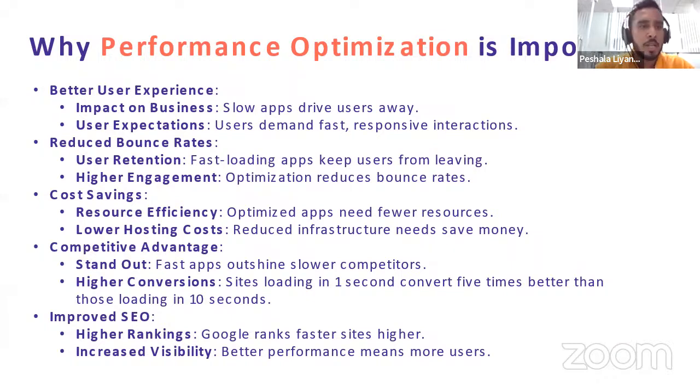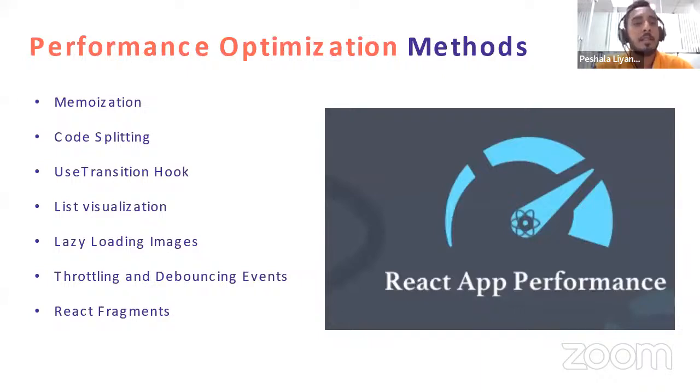Let's move on to the methods. When it comes to performance optimization in React apps, there are some certain points that we need to think about. Basically, memoization, code splitting, the useTransition hook, list virtualization, lazy loading images, throttling and debouncing events, and React fragments.